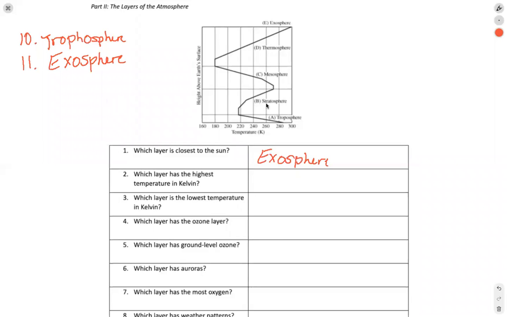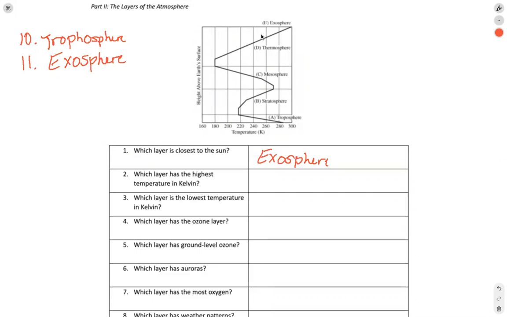Same thing again with airplanes and spaceships. Those cabins on those planes and the spaceships have to be pressurized because it's not enough atmospheric pressure the higher you go for us to be able to survive. So we have to have pressurized cabins in the planes and on spaceships if we're going high enough.